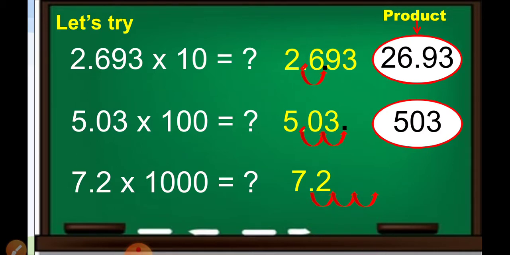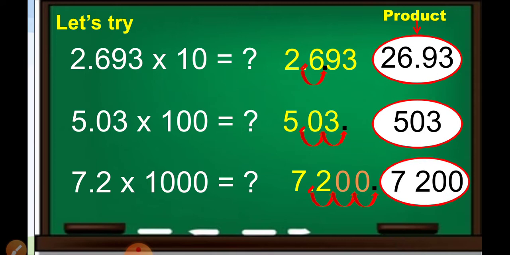Then annex 2 zeros here, and the decimal point will be transferred there, and the given decimal point will be cancelled, and the final answer is 7,200. So, is there any question on how to multiply decimal numbers by powers of 10 using the shortcut method?